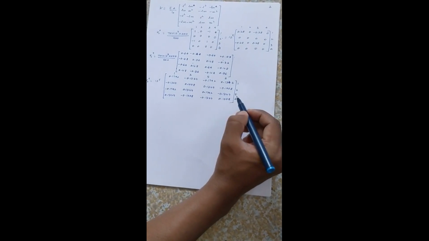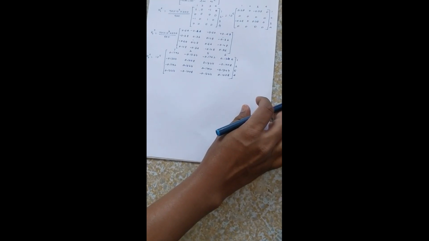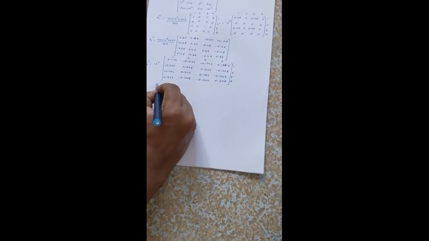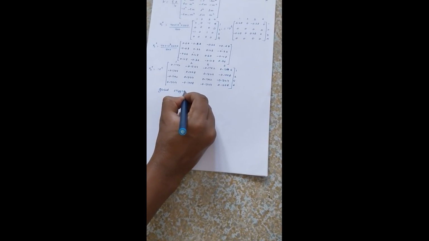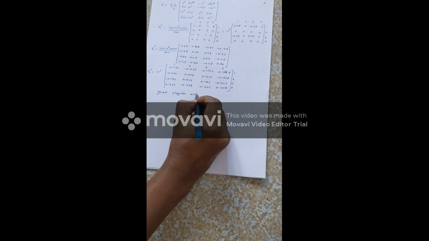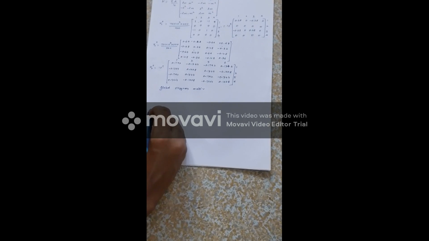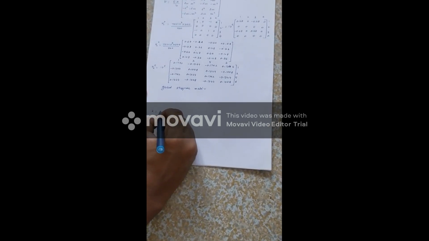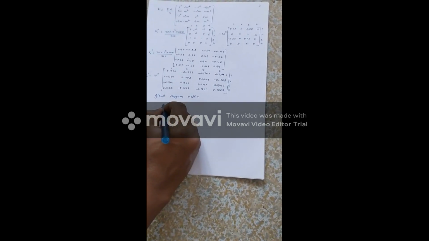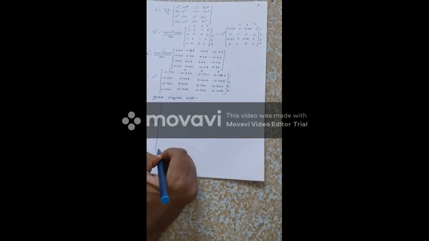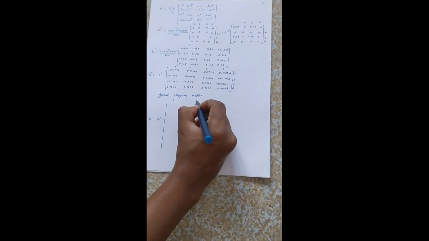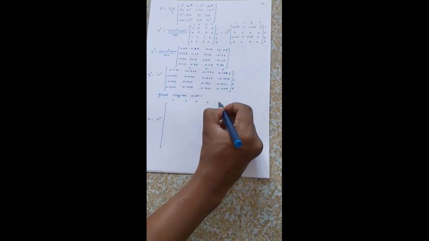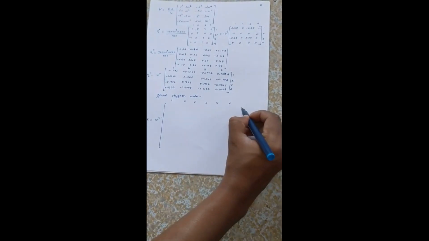Okay. Now we will write the global stiffness matrix K. I will keep 10 power 5 outside. It will be a 6 cross 6 matrix, with rows and columns 1, 2, 3, 4, 5, 6.